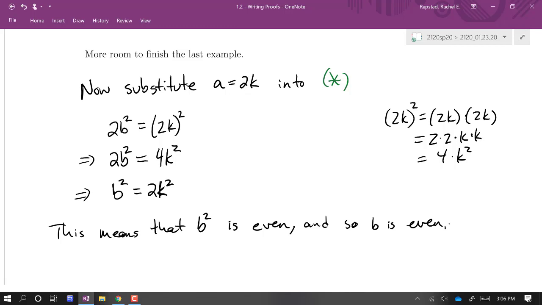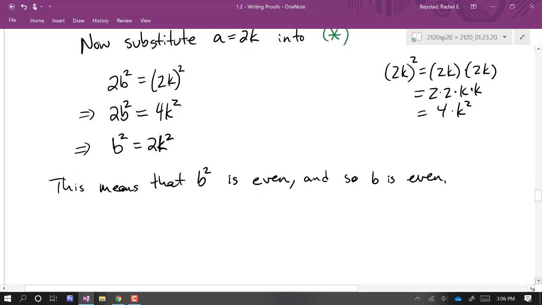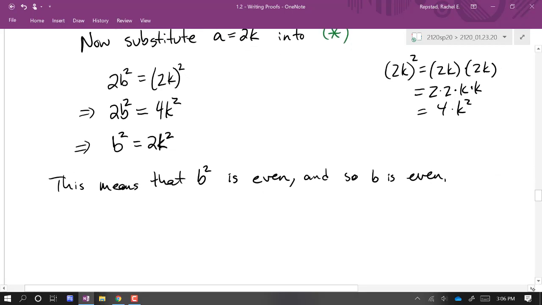What did we show earlier? That a is even. So what do we know about a and b? They have a common factor, or common divisor. So now we have established that a and b are both even, which means they have a common factor of what? 2.